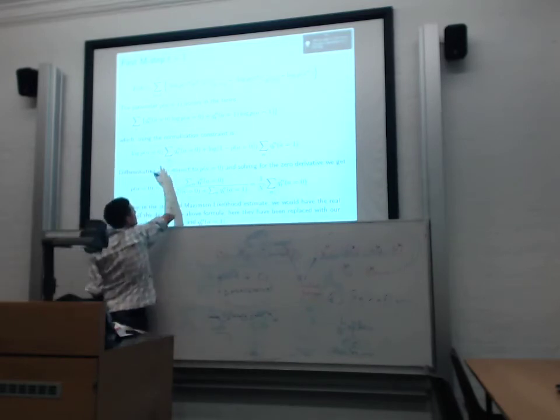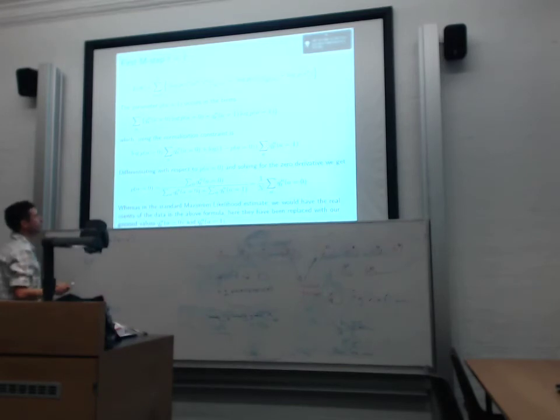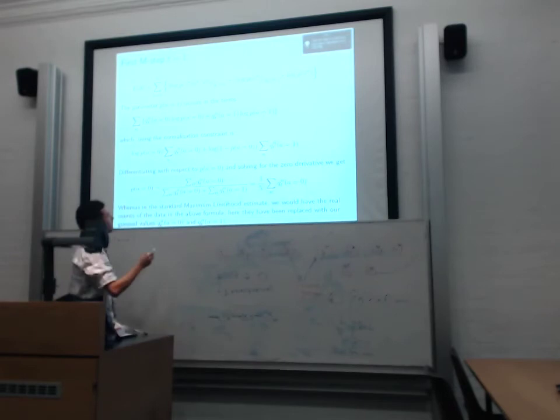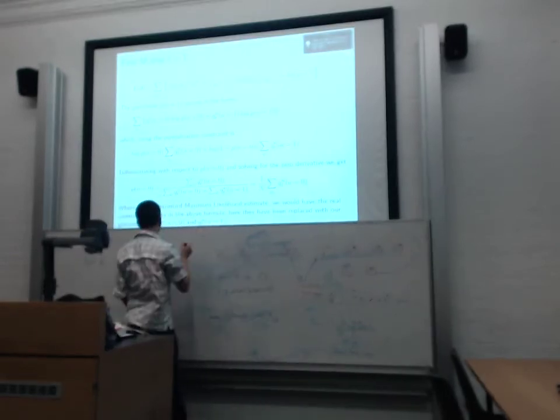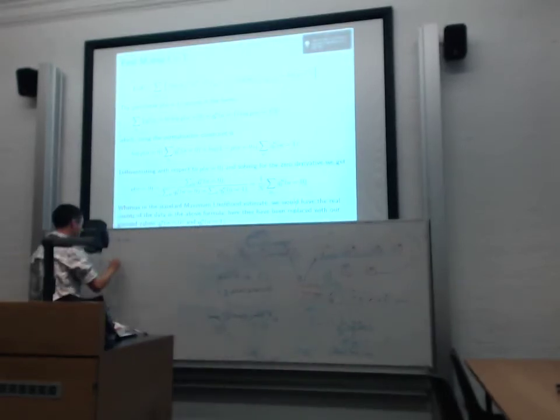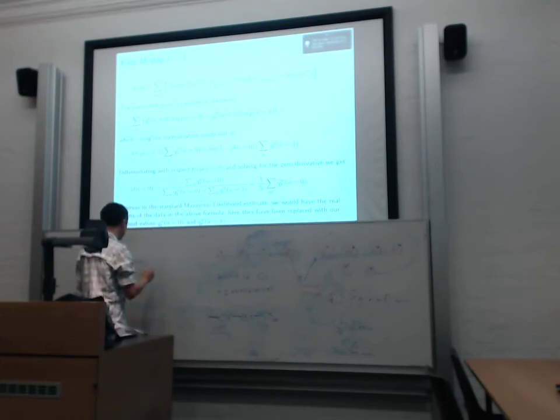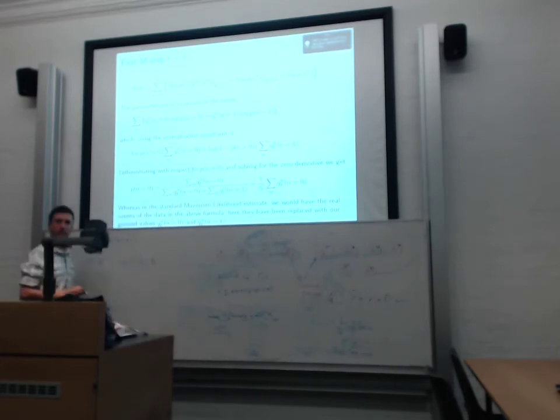Let's call this thing here some known thing, say a. This is like log of 1 minus theta. We'll call that thing over there b. So you need to maximize this with respect to theta.